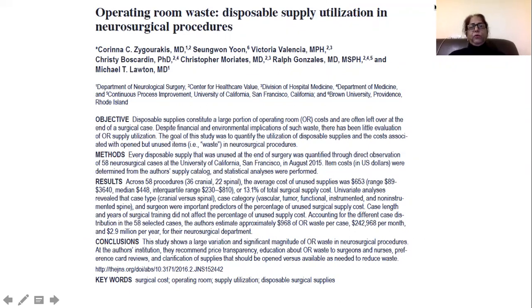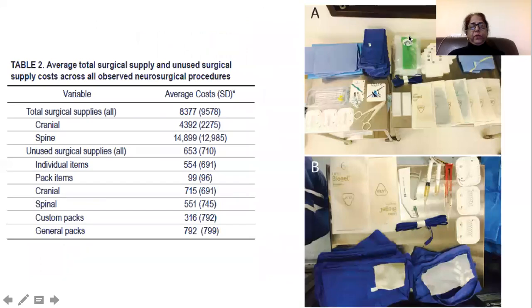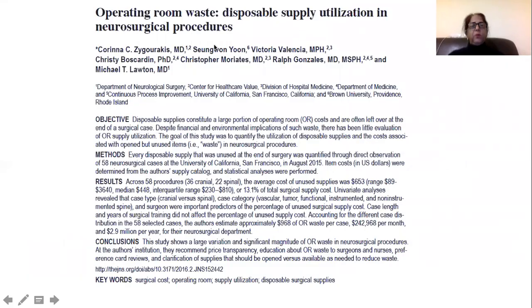The operating room waste in neurosurgical operation theaters was calculated. As we know, mostly disposable things are used, and they are used more in neurosurgery. So it was estimated that a lot of things were lying unused, and this contributes to a significant amount of carbon footprint.